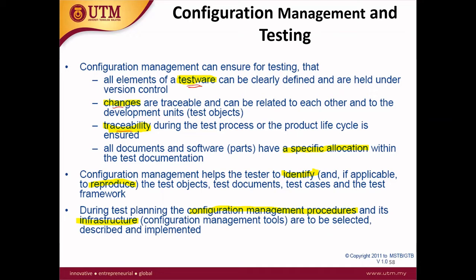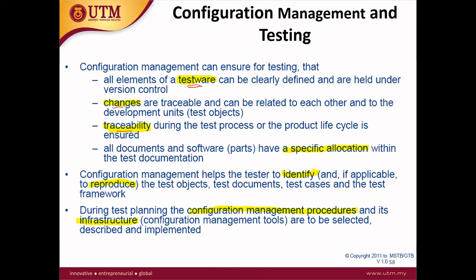product life cycle. So we can trace, let's say we do the testing, your test plan ST-01, whatever the ID that you give to your test plan. And then that test plan can trace which version of the software that you use.